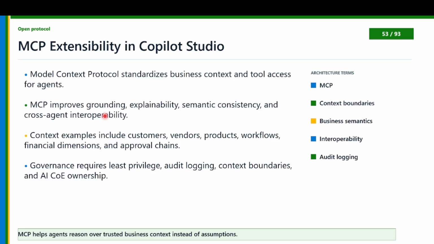It is a standard way for agents to connect to databases and external system knowledge, like MongoDB, websites, external applications, or external databases like SQL Server or Microsoft SQL Server on-prem. Wherever the knowledge is, the MCP server ensures secure connection and communication. Then MCP improves grounding, explainability, semantic consistency, and cross-agent interoperability.